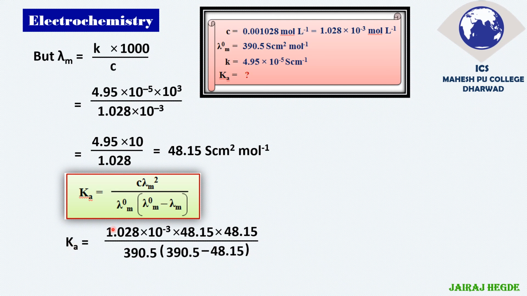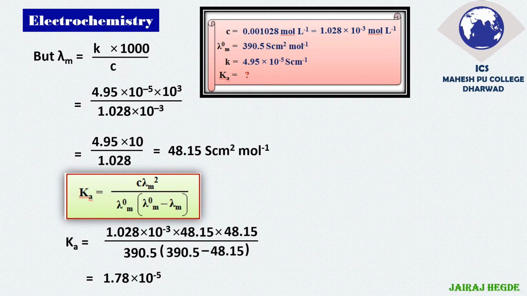If I simplify it, I will get the answer as 1.78 into 10 power minus 5, which is the dissociation constant of the weak acid, acetic acid. The Ka will be equal to 1.78 into 10 power minus 5.